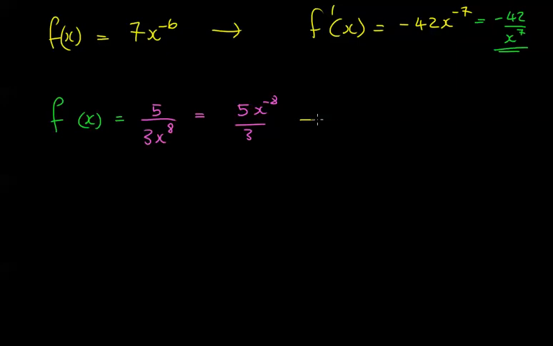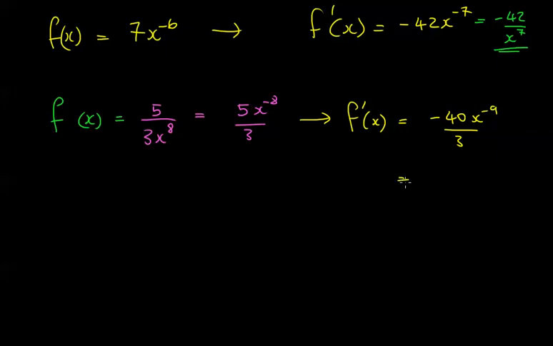Its derivative function, f dash of x: the minus 8 is going to multiply the 5. Oh, sorry, what am I doing? Minus 8 times that 5 gives you a minus 40. Then x to the power, take 1 off the power, you get minus 9, over 3.